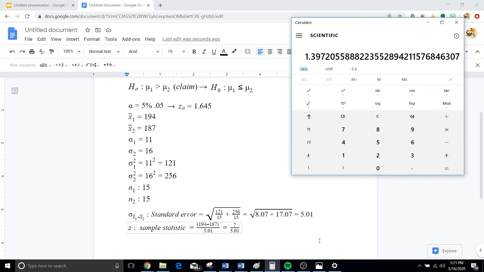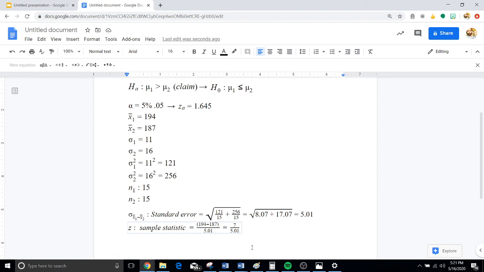And we get approximately 1.397. Let's call that 1.40. And this is our z-score, or our sample statistic. So we're going to take this z-score and compare it to our alpha level z-score. We're going to see if it's in our rejection zone.